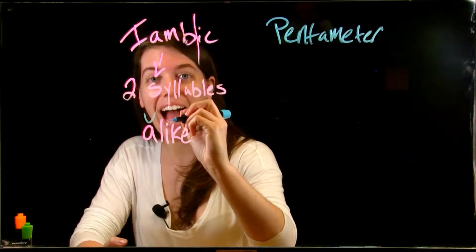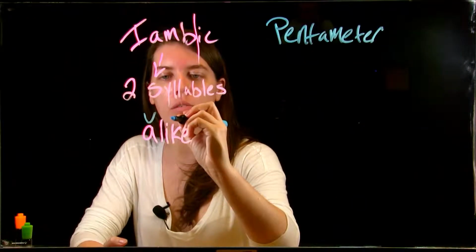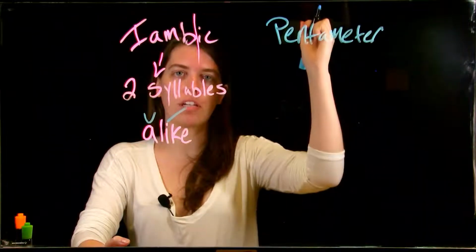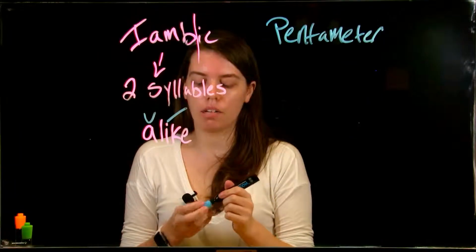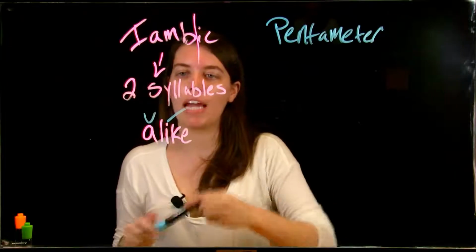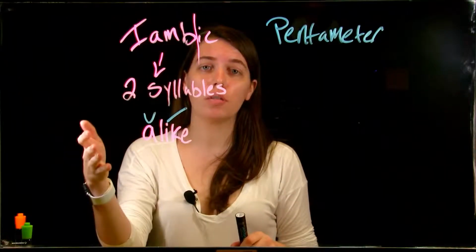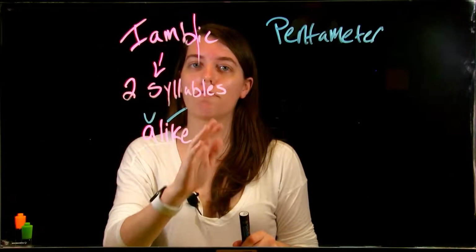And then "like" is the stressed syllable. It's the one that we put the emphasis on, so it's going to have the stress symbol, which is just a little hash mark at the top. So alike would be scanned as unstressed, stressed. That's a standard foot of iamb. Iambs again are just two syllables that follow the unstressed, stressed format.